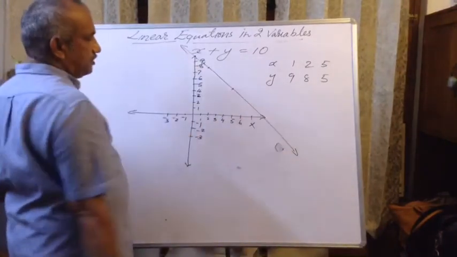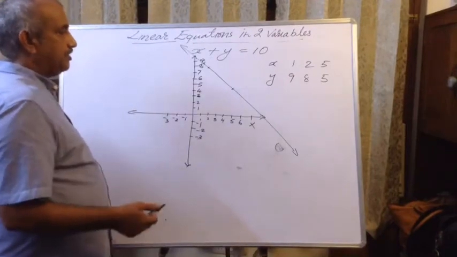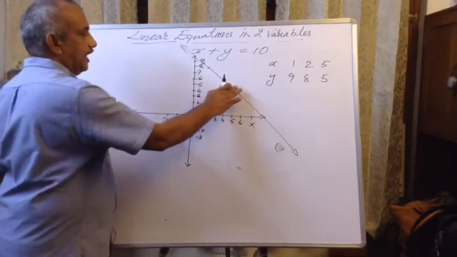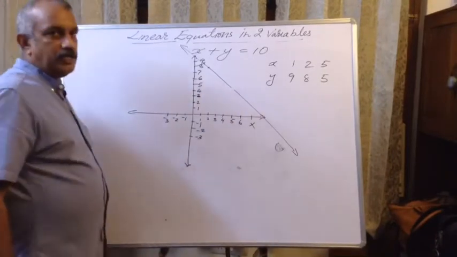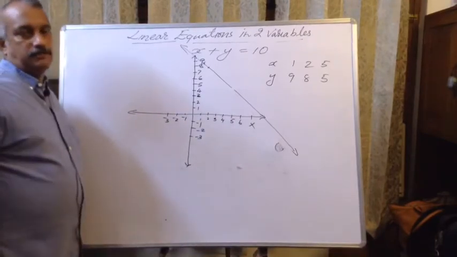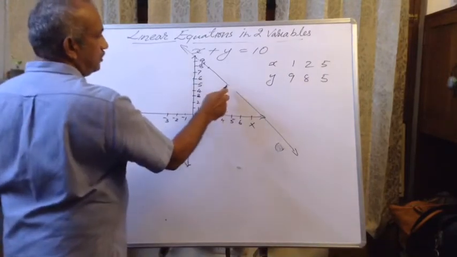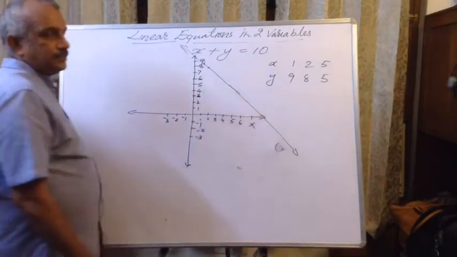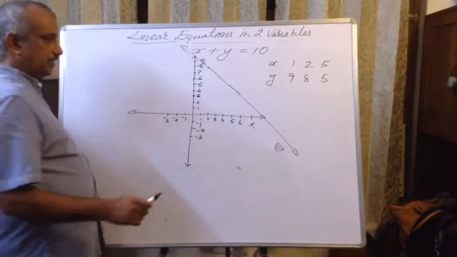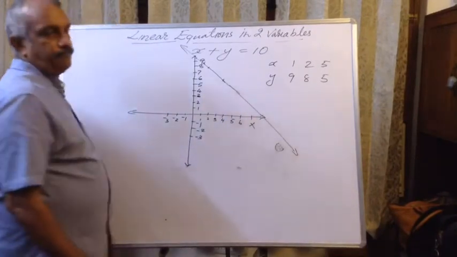Now in this graph, clearly understand, if you take any point and join it to the x-axis and y-axis, or find the coordinates of that point, that will be a solution of the equation. You mark any point on this graph and find its coordinates. Let us find out. Say I am marking a point here.